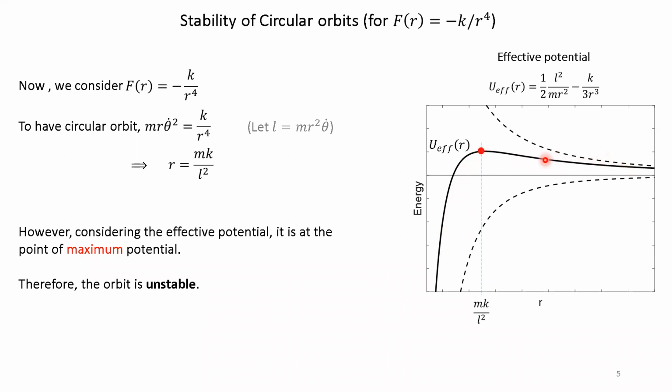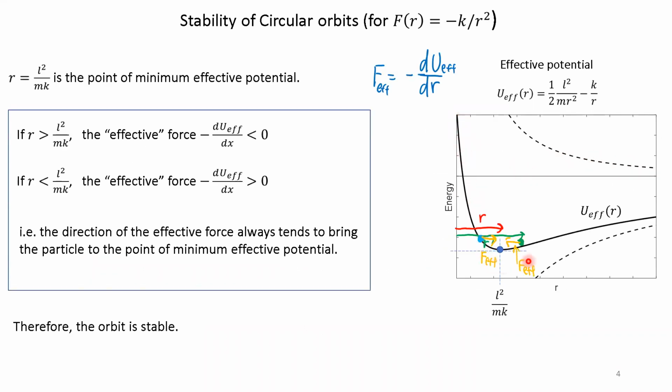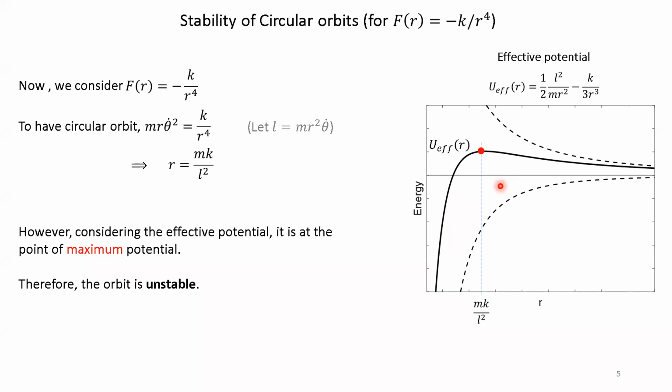Instead of a minimum point, this time I have a maximum point. So if you have a circular orbit, you will again have to be at the stationary point of the effective potential, but this time it's the maximum, not the minimum.